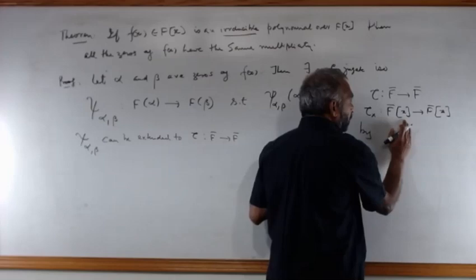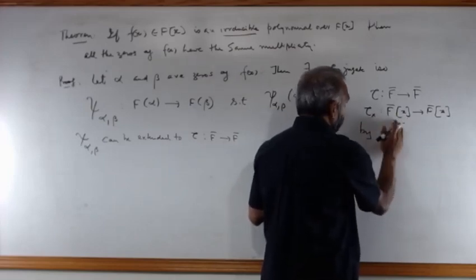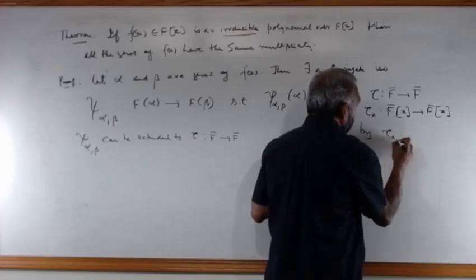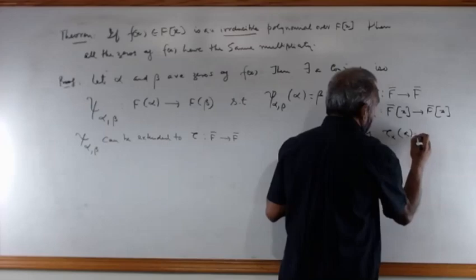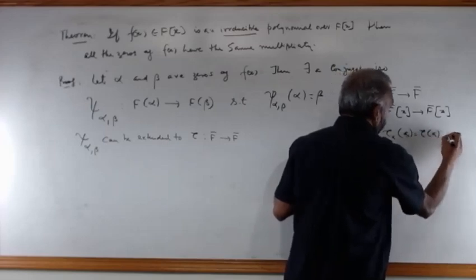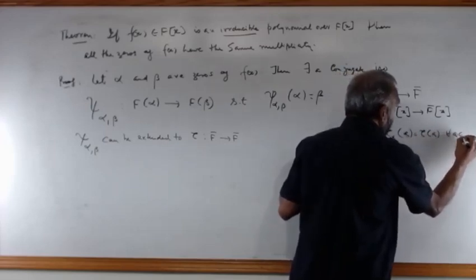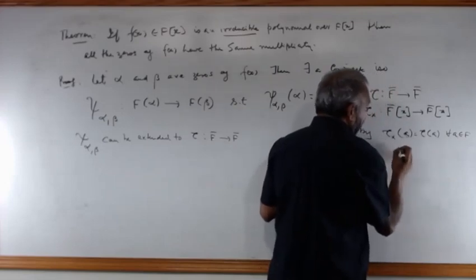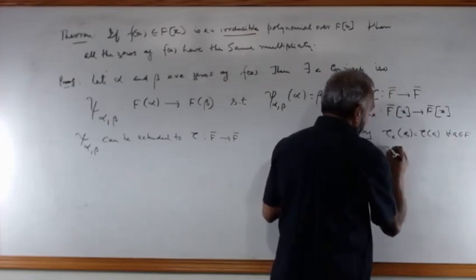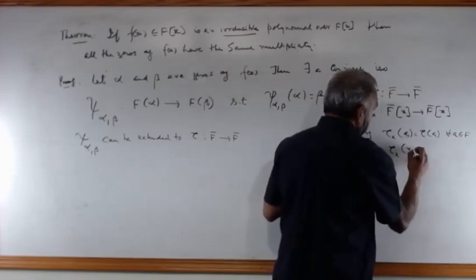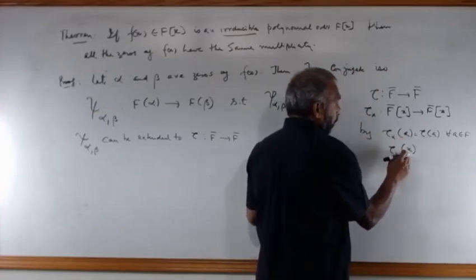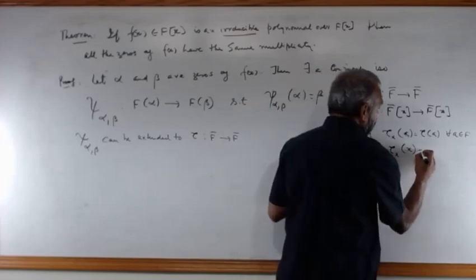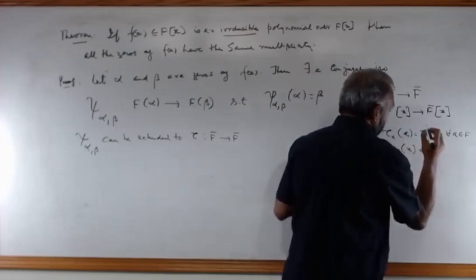Constant polynomials and polynomials with x. So we need to define both. So Tx of a is equal to tau of a for all a in F. That is a constant polynomial. And another one is the non-constant polynomial that is generated by x: Tx of x is equal to x.